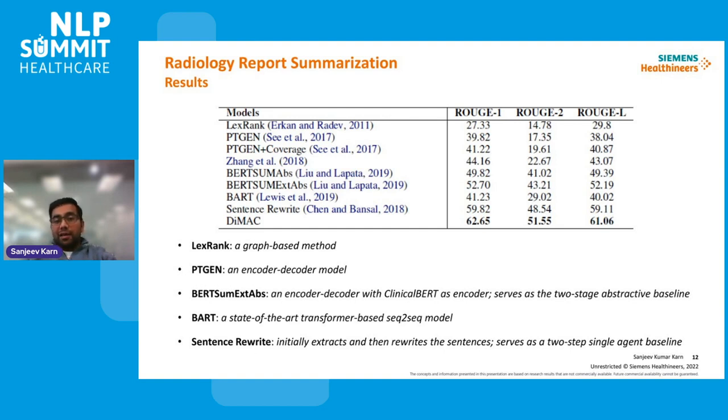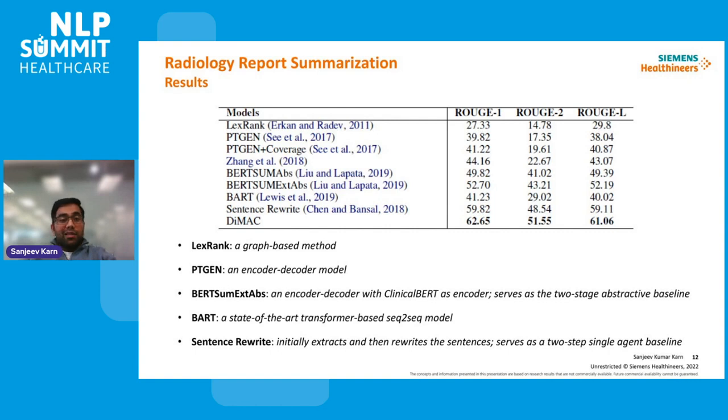So as you see, the transformer-based BertSumExtAbs works pretty well compared to LSTM-based pointer generators, but it doesn't perform as well as sentence rewrite and the DMAC setup because you have very small training data, and you are training a decoder, which is several layers of a transformer network, to generate the multi-sentence summary.